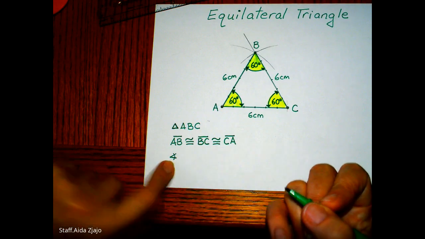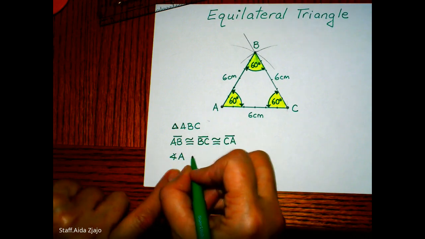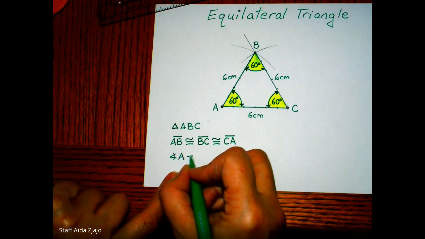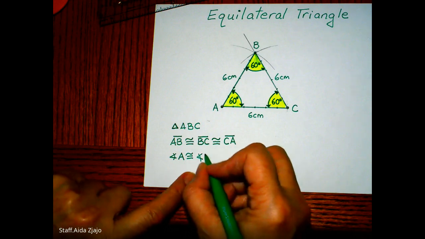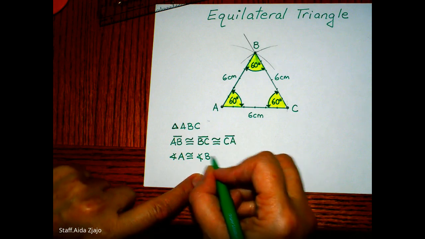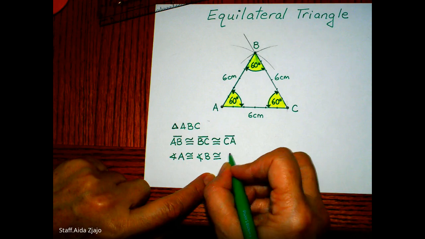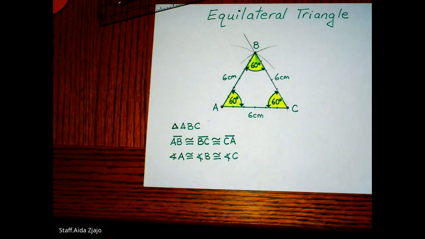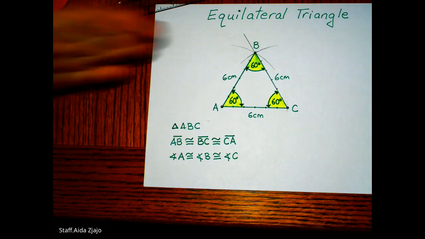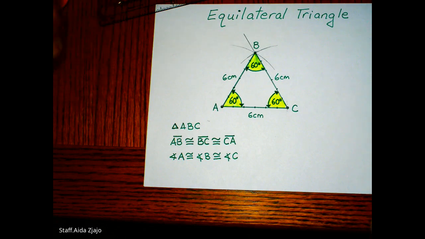So angle A is congruent, or the same as, angle B, and angle B is congruent to angle C. So when we think about triangles, we can look at triangles by their sides.